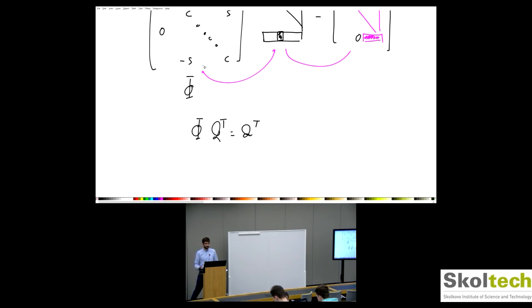The orthonormality of Q is still preserved, right? Because we just have cosine and sine. Okay, so this is how we update this, and then we do this until we get, again, an upper triangular matrix.